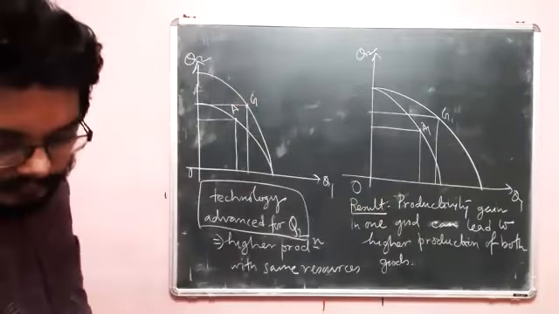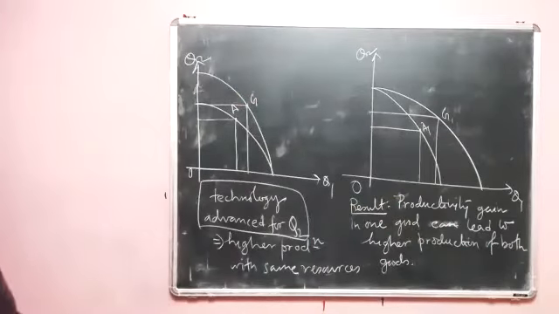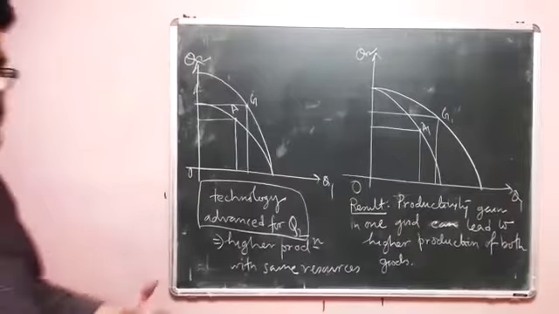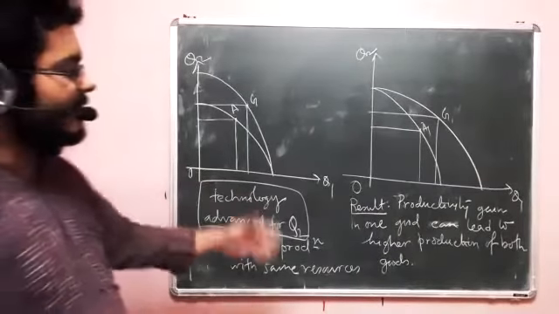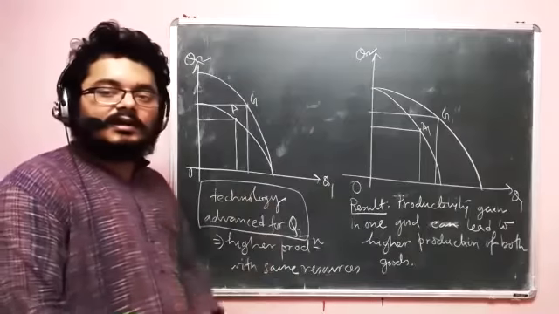So in the long term, if we need our efficient set to be increased, or the amount of efficient product to be increased, then technological advancement is obviously a necessity.